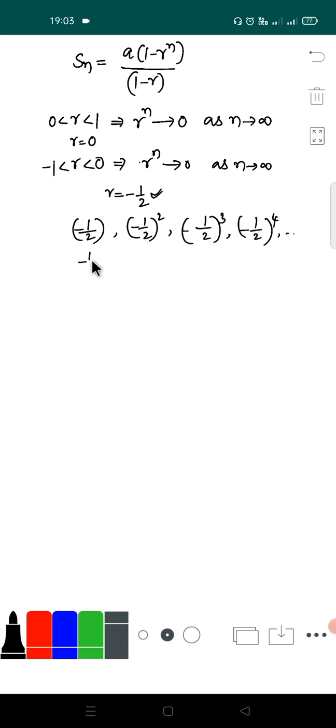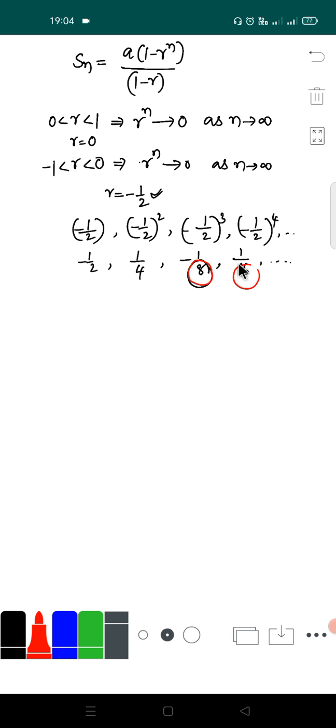This is -1/2, this is 1/4, this is -1/8, this is 1/16. So it is oscillating between positive and negative, but evidently you can see that the denominators are increasing, and as it goes on, it approaches the value 0. That's how it happens.